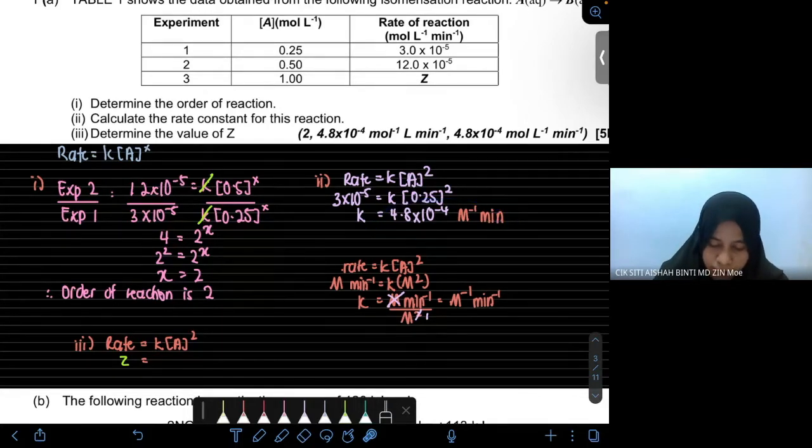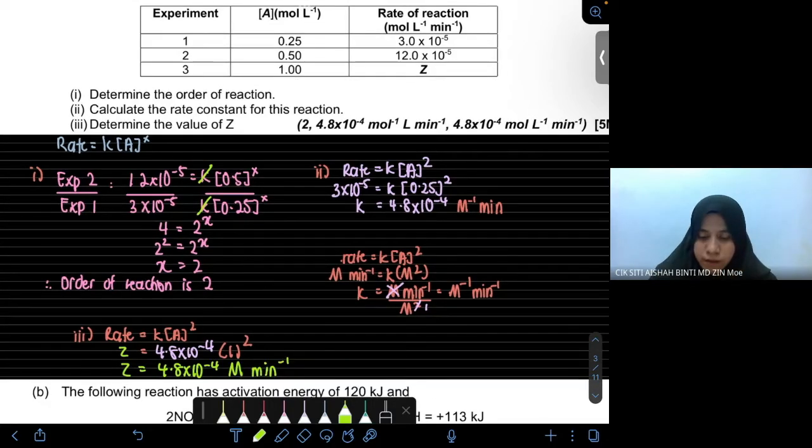And the concentration of A is 1, so it is 1 squared. Hence Z is equal to 4.8 exponent negative 4. Again, this Z is actually our rate.